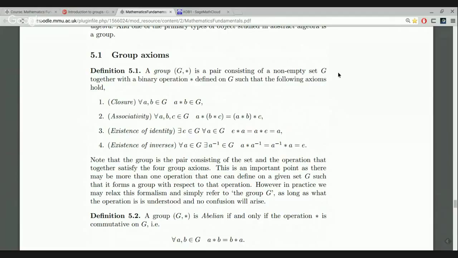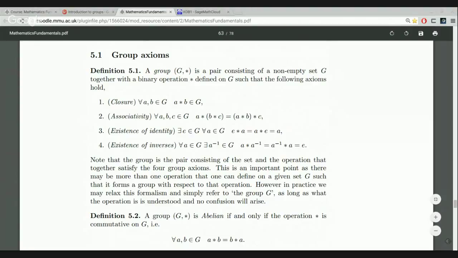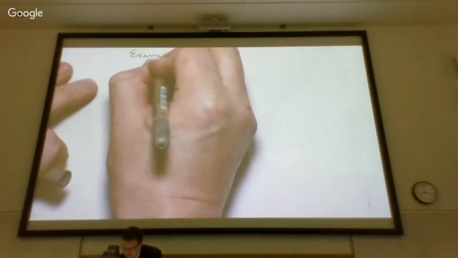And then in the later lectures, we'll do a little bit of working with the abstract definition, working out some of its logical consequences, and looking in more depth into certain types of groups. So, these are examples of groups.